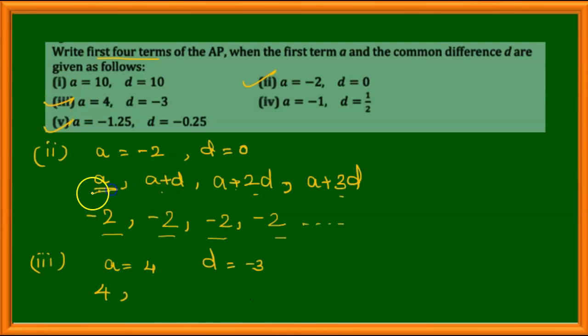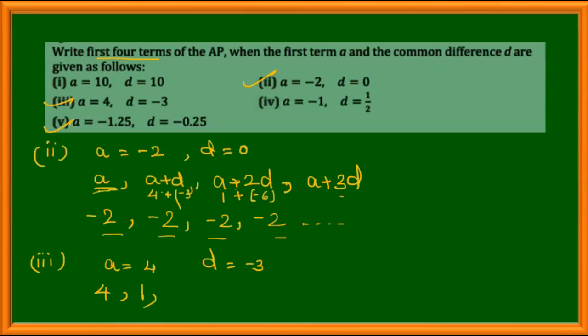First term we are given. Second term you will get 4 plus minus 3, that becomes 1. Again this is 1, 1 plus minus 3 into 2 becomes minus 6.